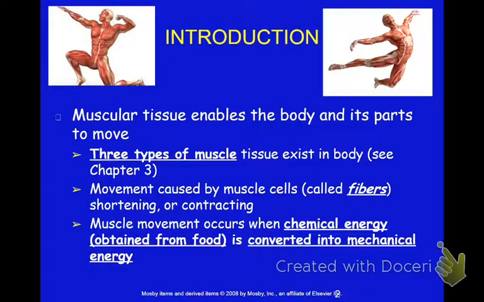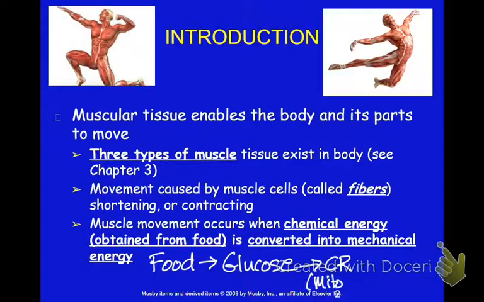Where do we get the energy? Well, that's from what we eat. We get the energy to contract our muscles from the food that we eat, which gets broken down into glucose. And that glucose goes through the process of cellular respiration in the mitochondria, and we make ATP.